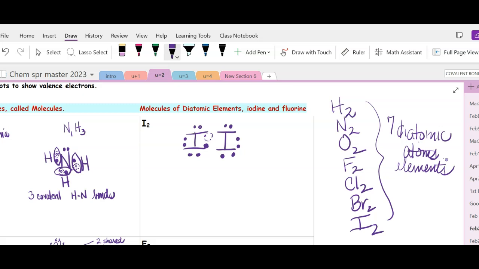So if these 2 overlap, then this becomes like that, and the 7th electron for iodine goes in there. So this is like saying that there's one covalent bond between the 2 iodine atoms.